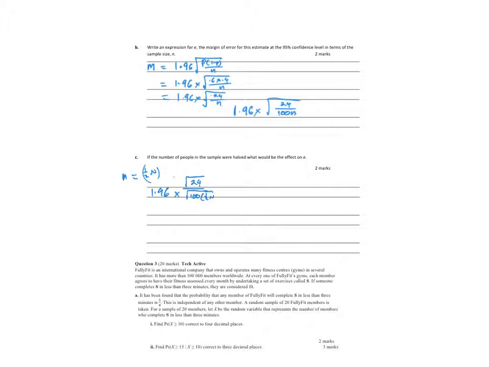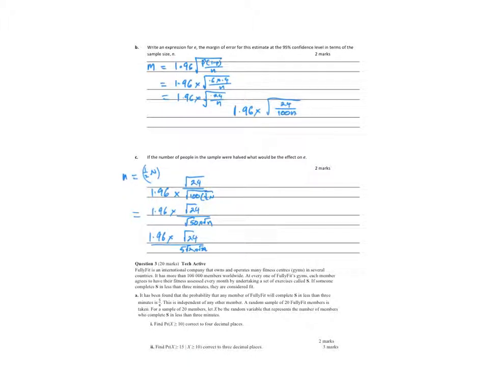So equal to 1.96 times the square root of 24 over the square root of 50 times the square root of n, which is 1.96 times the square root of 24 over root 50. What's that? 5 root 2 times root n.